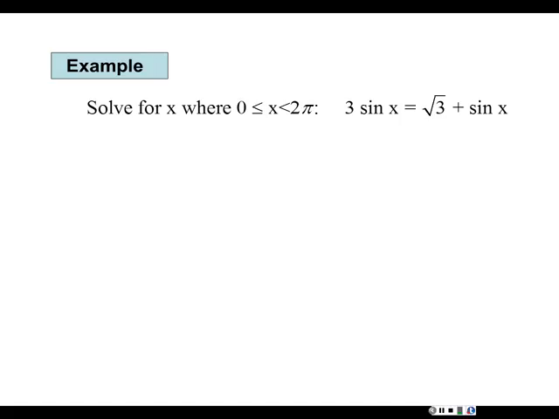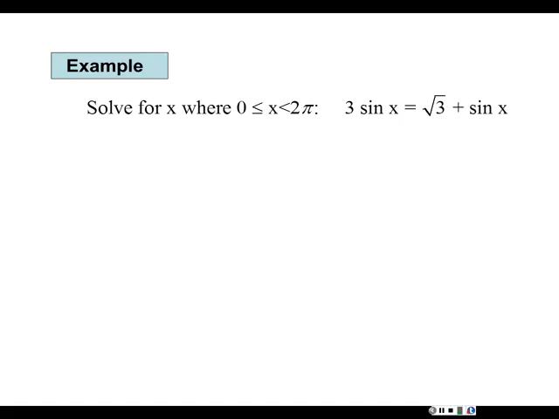So ignore this one. How about this? This is in quadrant 4, because it's 360 minus 60, which is 300 degrees, which is in quadrant 4, where sine is again negative. So we disregard that. How about the last one? The last one is fine, because this is in quadrant 1, since it's 360 plus 60.